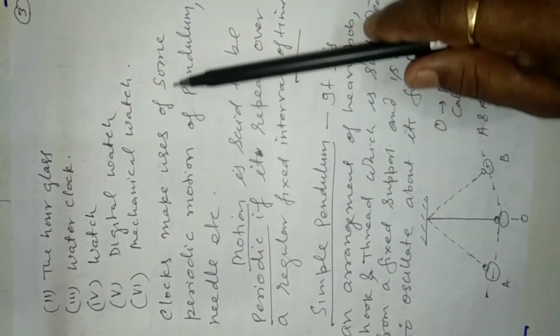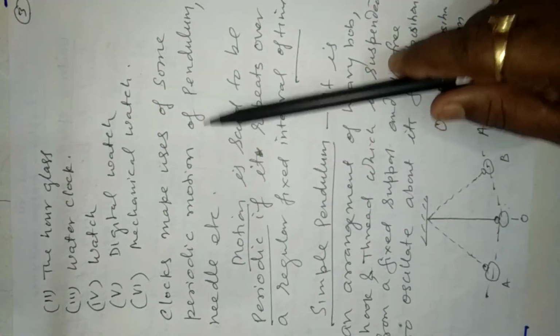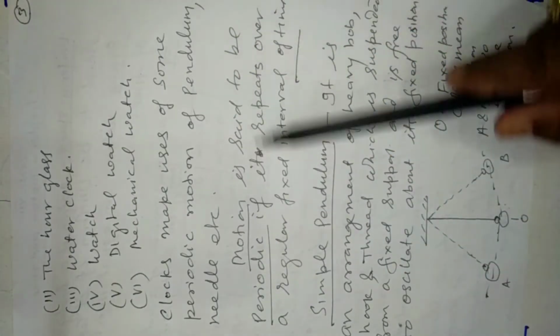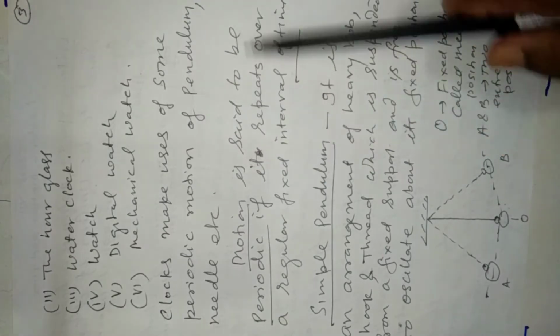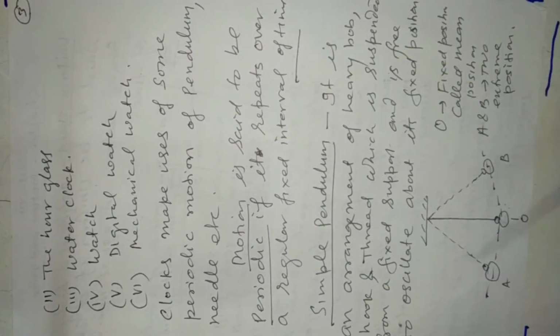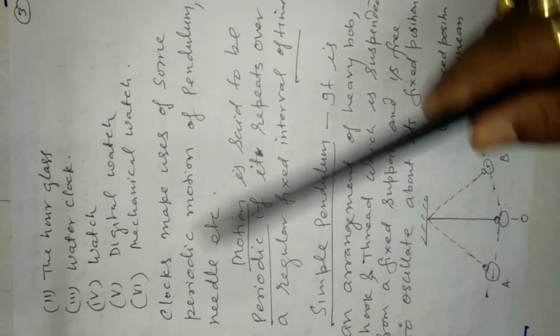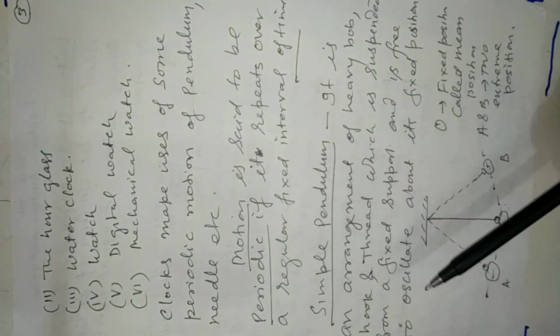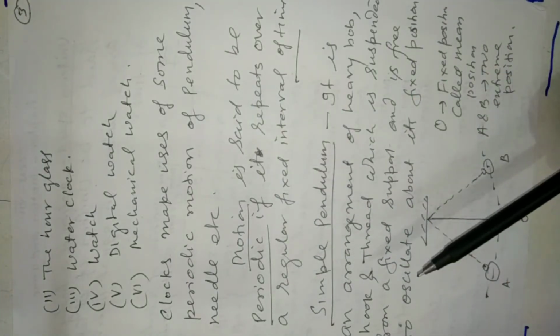A clock makes use of some periodic motion of the pendulum or needle of the watch. Motion is said to be periodic if it repeats over a regular fixed interval of time. Here all the watches and clocks make use of periodic motion of pendulums and needles.